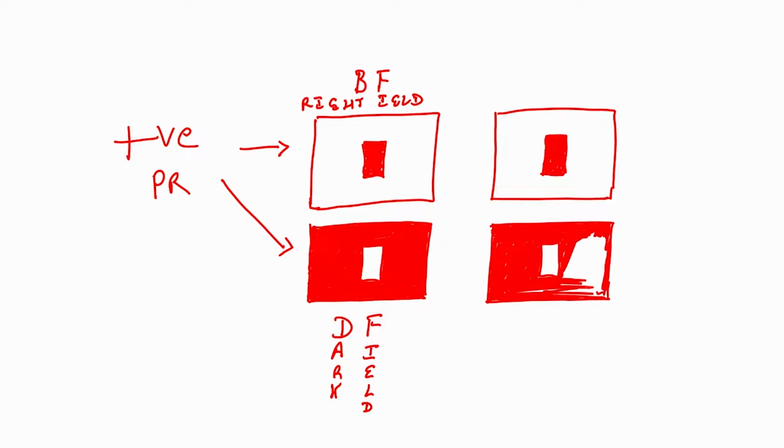That is the advantage, or the role, or you can say the characteristic, of positive photoresist, that it will retain the same pattern on the substrate. See, this is what I will have if I use my positive photoresist. This is my substrate.